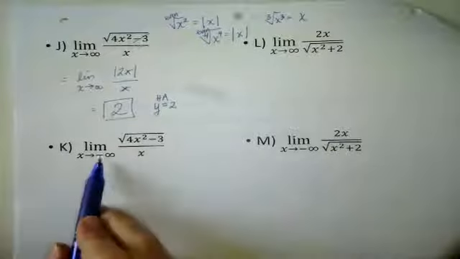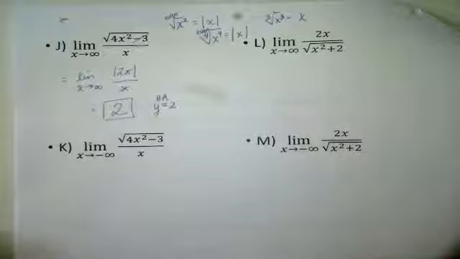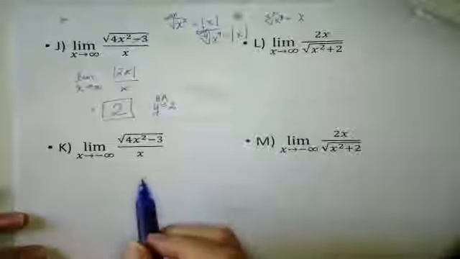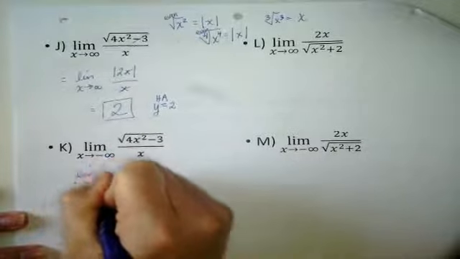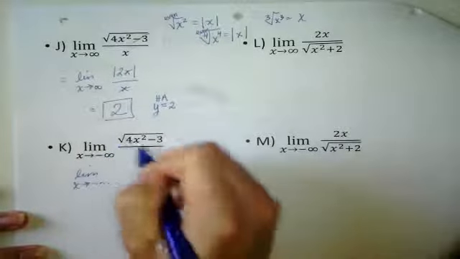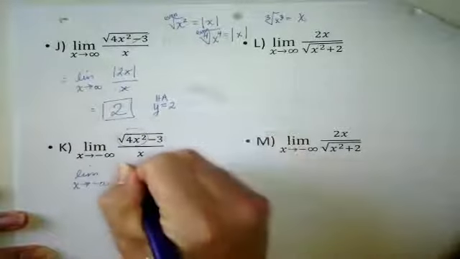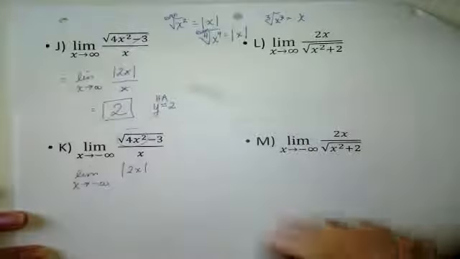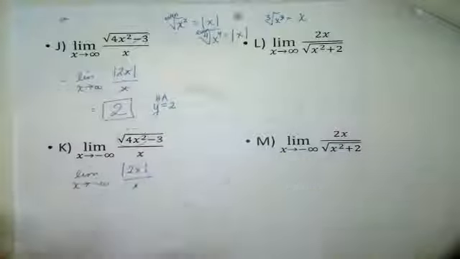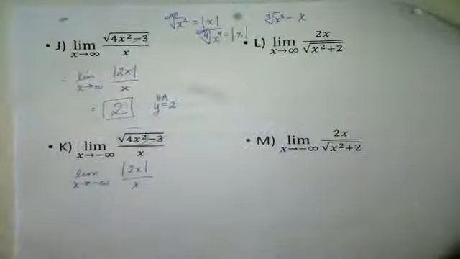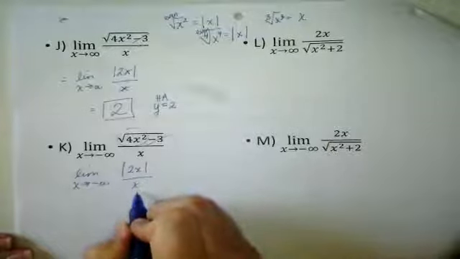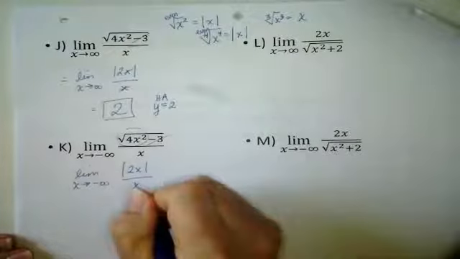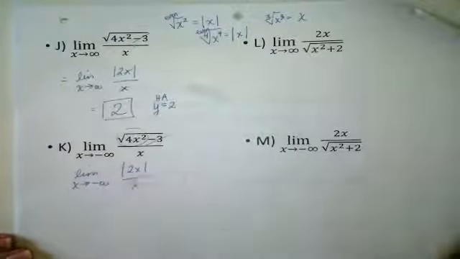Now, what happens if we're going the other direction? Simplifying this, going to negative infinity now. Again, the square root of 4x squared simplifies to the absolute value of 2x. Our denominator is x. We can ignore the 3 because it's insignificant. This is always positive. This x is negative.